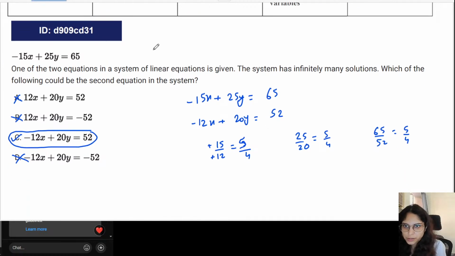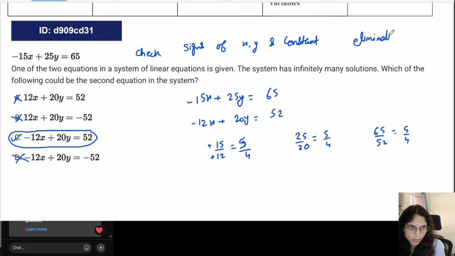How I solved it? Check signs of x, y and constant. Eliminate accordingly.